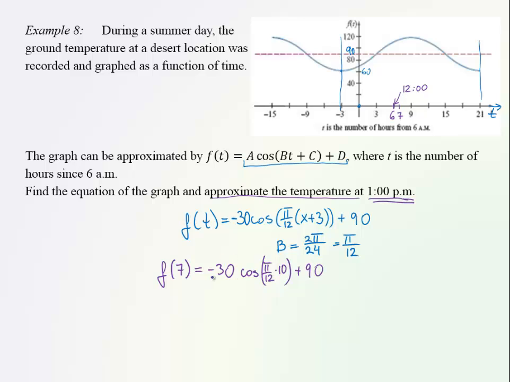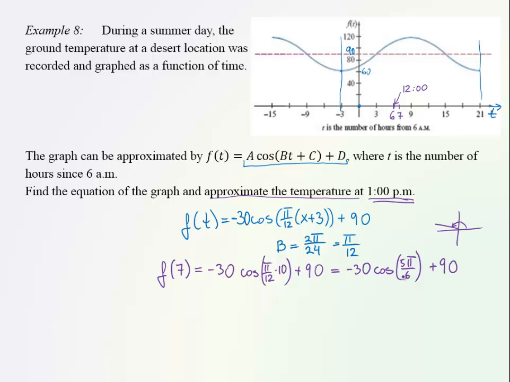And now we could use a calculator, or we could actually try to find the exact value, because 10/12 is like 5/6. So we really have negative 30 cosine of 5 pi over 6. And we know how to deal with such angles. Those are special angles, right? So 5 pi over 6, let's recall, that's a little bit less than full pi by pi over 6.